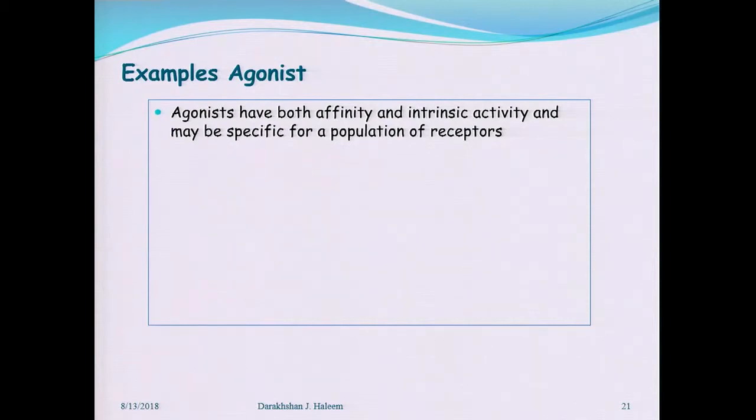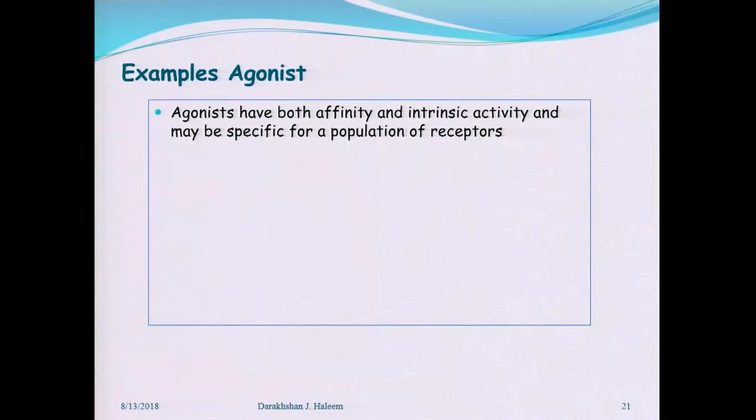In other words, it could be non-specific. Non-specific doesn't mean that it will bind to all the cholinergic receptors. Non-specific means a drug may bind with cholinergic receptors as well as with other receptors like adrenergic receptors. So it will be said to be non-specific. A drug may be specific for a particular type of receptor, or it may not be specific to receptors.